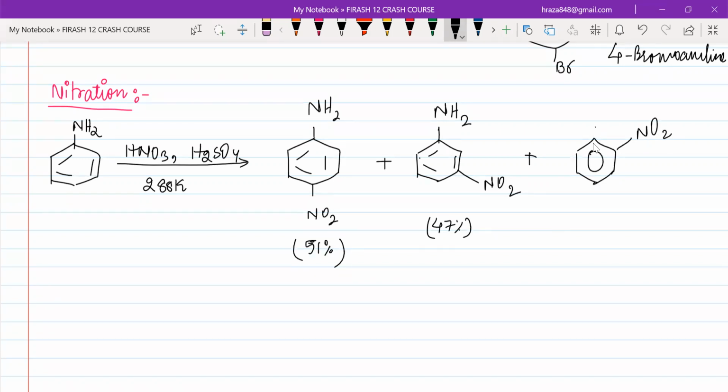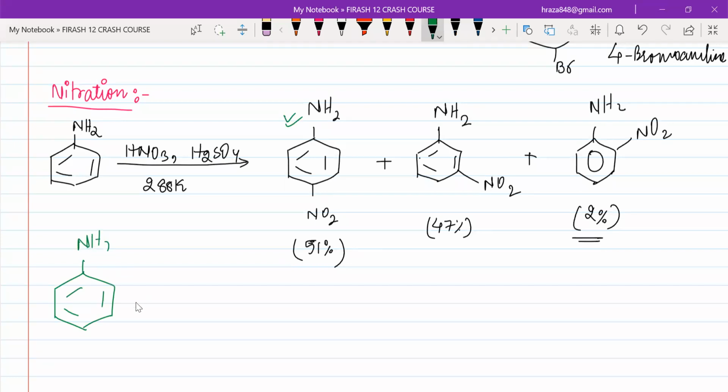This is your NO2 and this is your NH2, and it will be only 2%. What if we want to have only this as a very major product? We will again use that acetic anhydride.